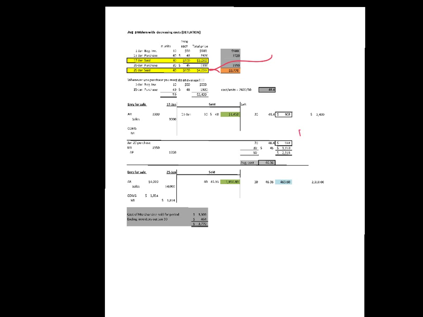So if you look down in these two slots, we're going to start here, where I put the X. Whenever you have a purchase, you need to do a new average cost. So if you notice here, I brought the 20 down, and I had 20 at $48.40 for a total of $968, and then I purchased some more. I purchased 30 at $45, so that's a total of $1350. So now, once again, I have 50 units.